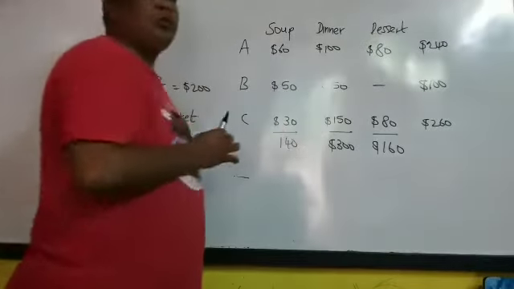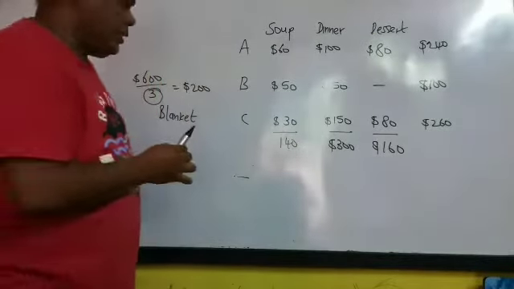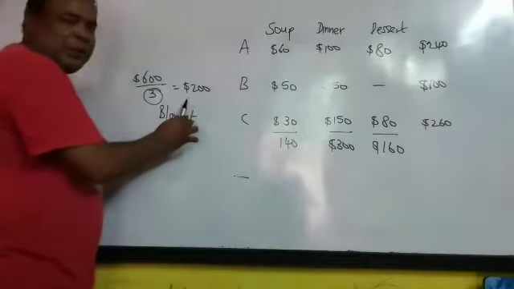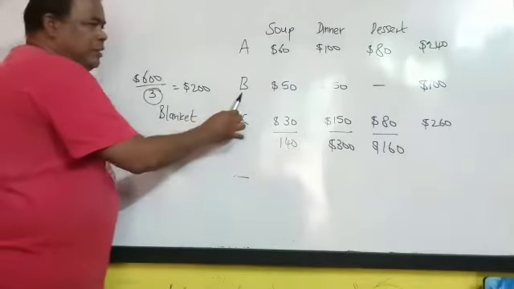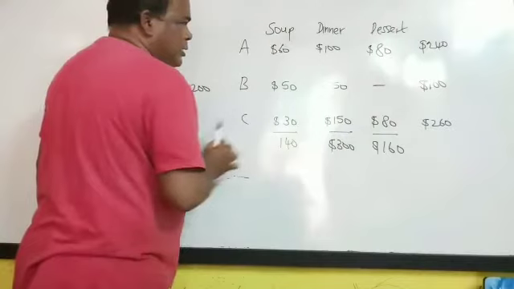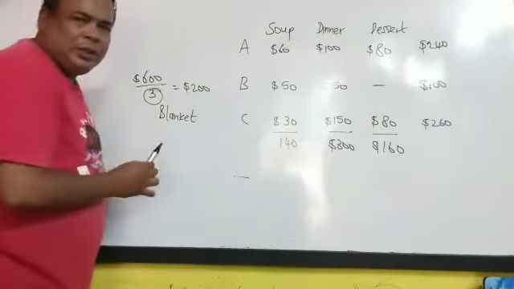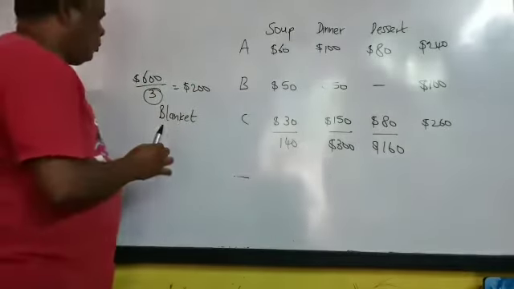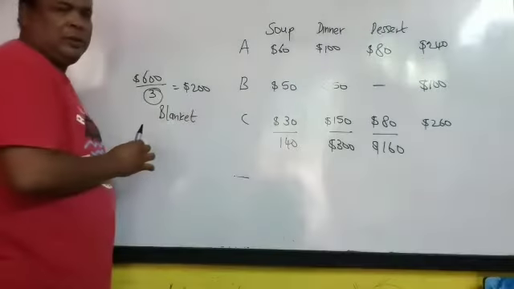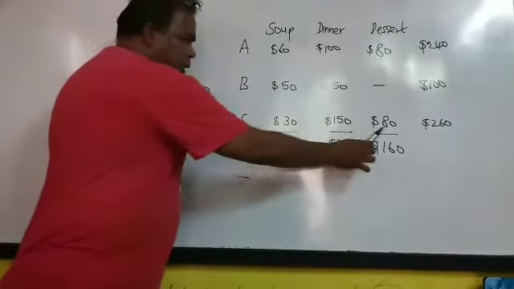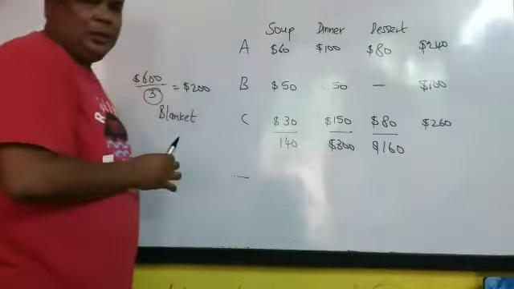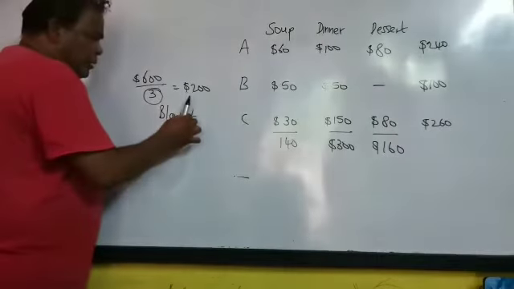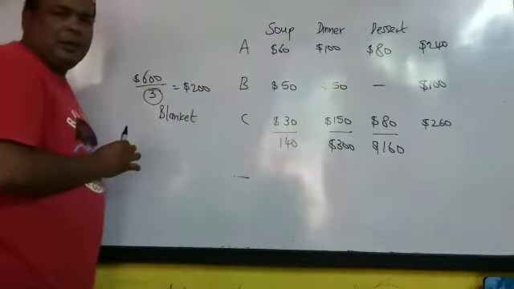He has to pay $240, but he paid only $200. B did not take any dessert. He has to pay only $100. How much did he pay? $200. C has to pay $260, but he paid only $200.